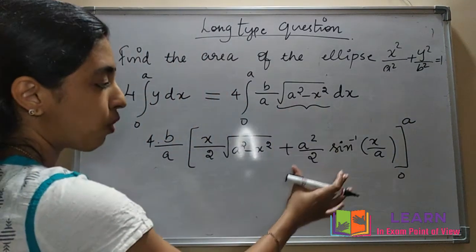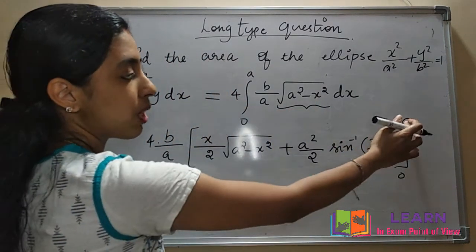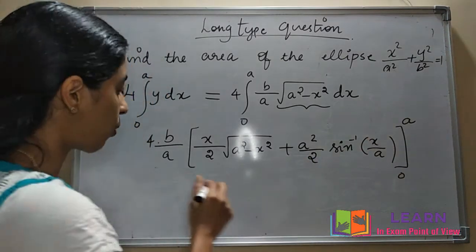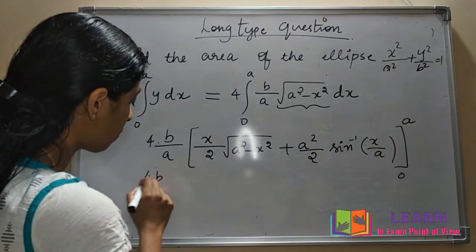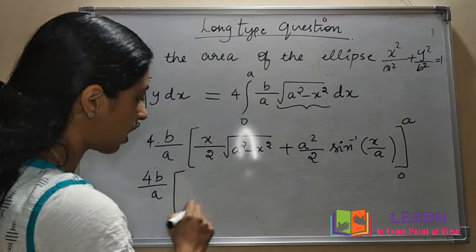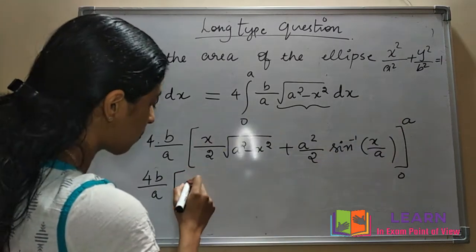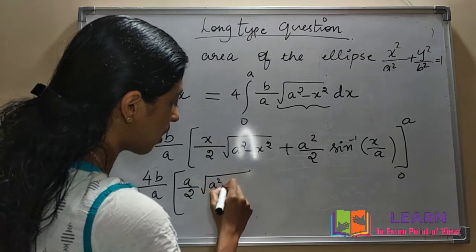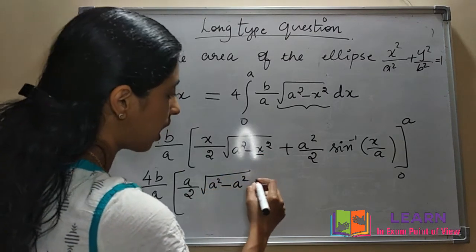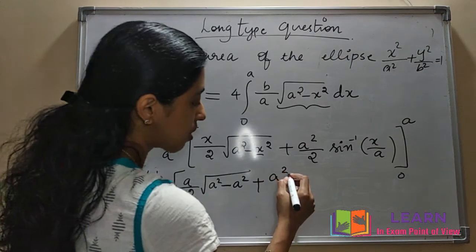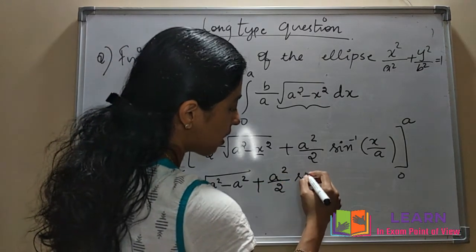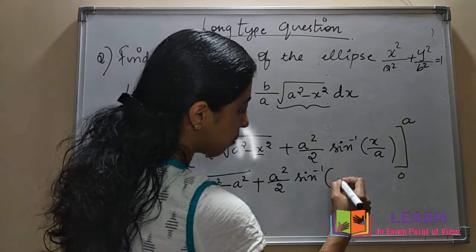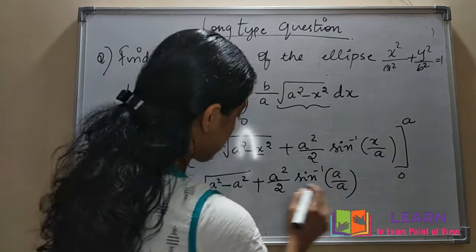Remember, this is the formula. Then substitute upper limit minus lower limit. Upper limit is a, so a by 2 into root of a square, and a square by 2 sine inverse a by a.